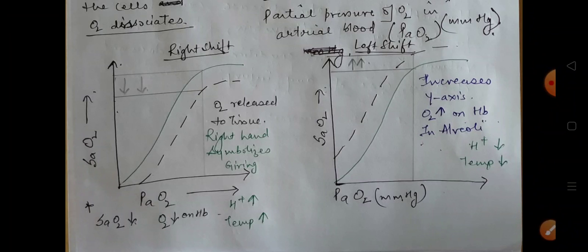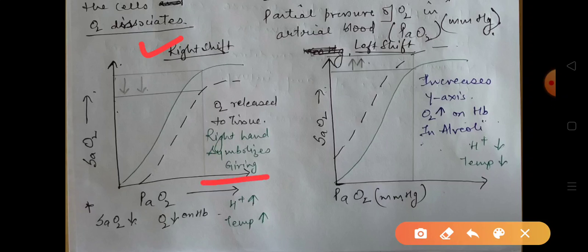Okay, so first of all we talk about the right shift. Right shift means when we plot this graph, this is the x-axis and this is the y-axis, and the graph is shifted towards the right.